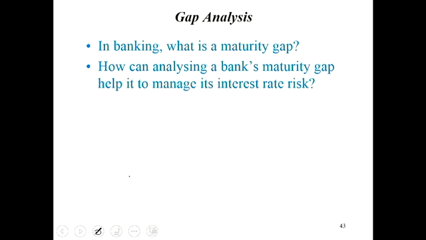Okay, so the basic thing there is because there's two sides of the balance sheet, they both have interest rate risk. It's basically the difference between the maturities of the liabilities, that's the money they borrowed, versus the maturity of the assets they have. It doesn't necessarily have to be maturity.